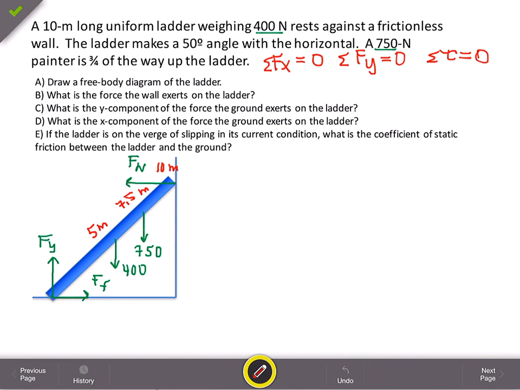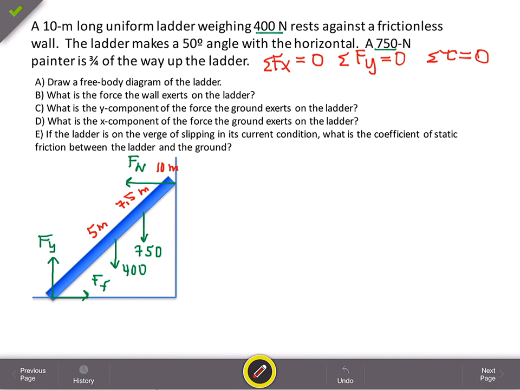So what is the force that the wall exerts on the ladder? That is asking us for the normal force up at the top there. So we're ultimately going to need to write all of our equations anyway. The x equilibrium equation, the y equilibrium equation, and the torque one.